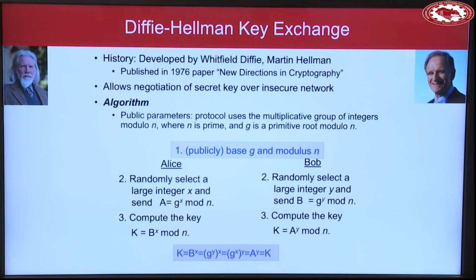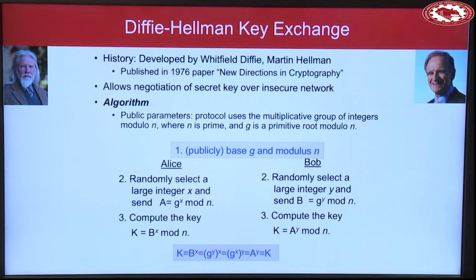G is some parameter that every user in the group knows, right? Similarly, the other user Bob generates another random number y, and performs G to the power y mod n.